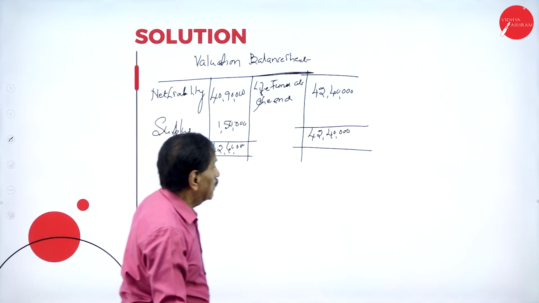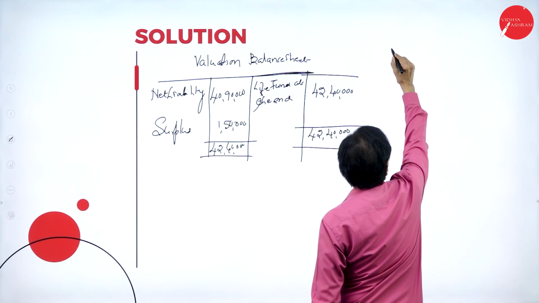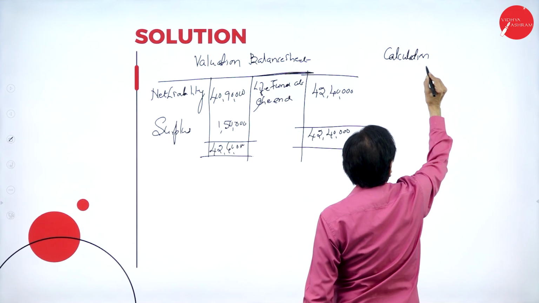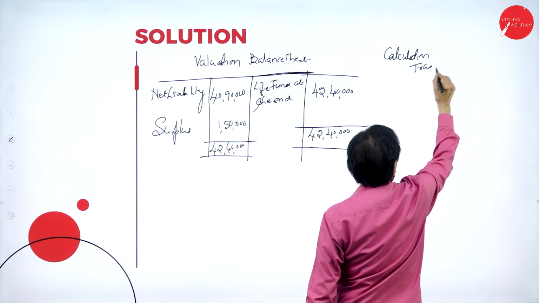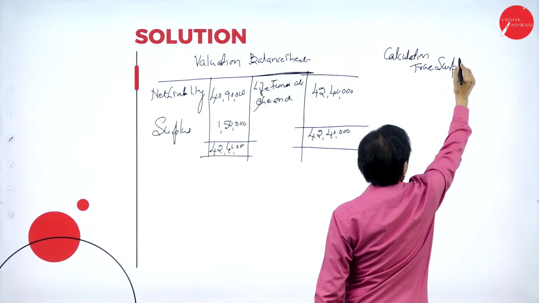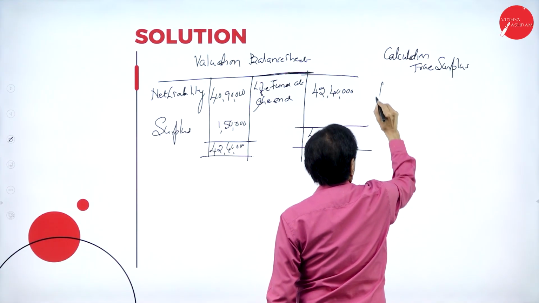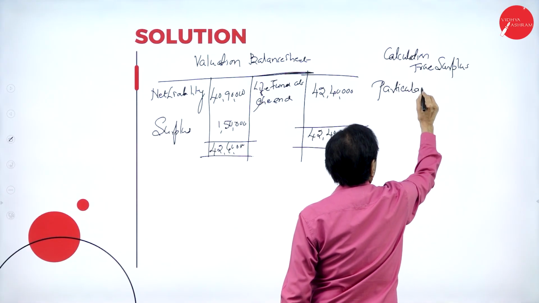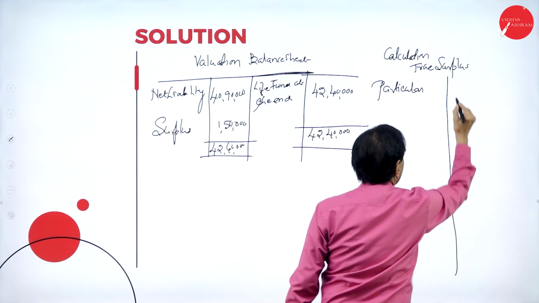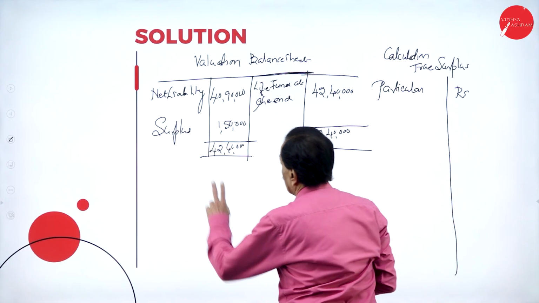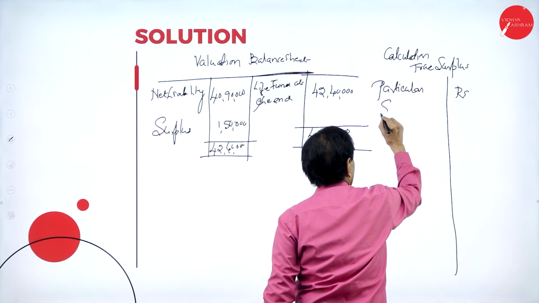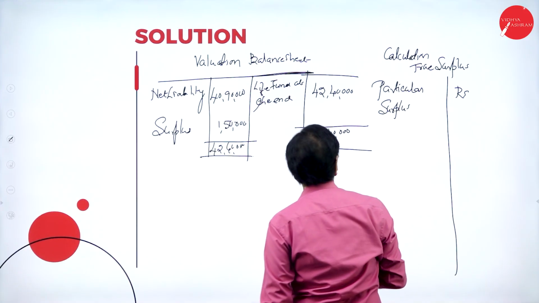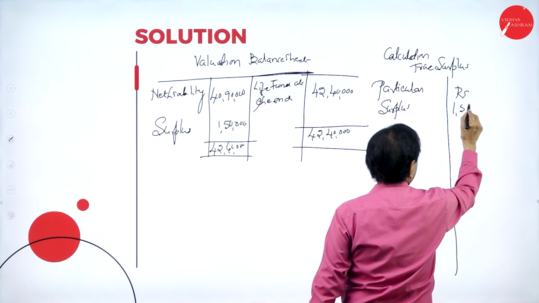Now, calculation of true surplus. Particulars, rupees. Surplus as per balance sheet, 1,50,000.